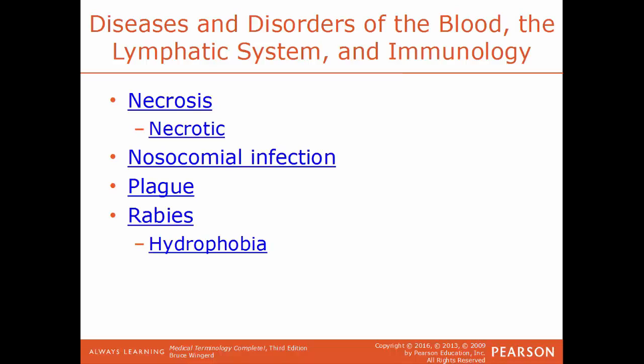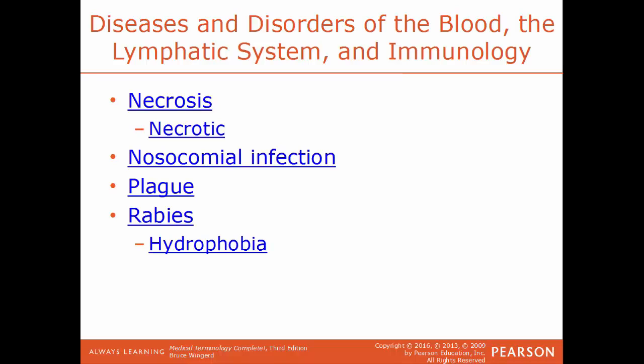Rabies is a contagious disease that is often passed from mammals such as foxes or raccoons or dogs, transmitted to humans through a bite. Now, if not treated, this will become deadly. There's only one known case as of this video where someone contracted rabies, it was confirmed that it was rabies, and the person survived.